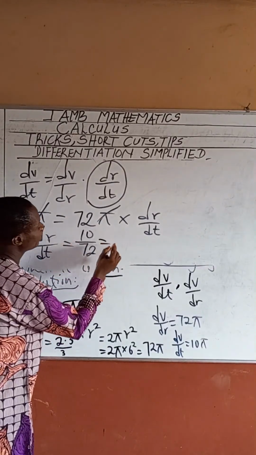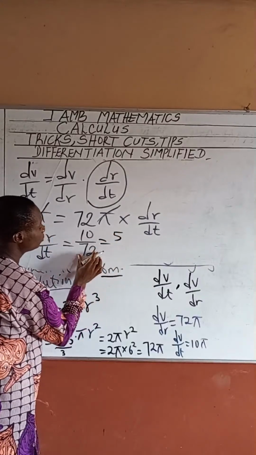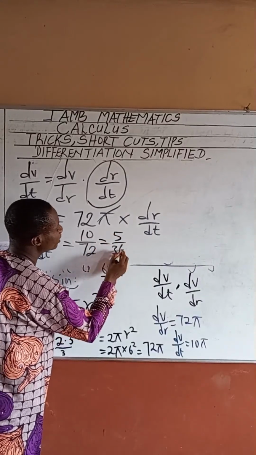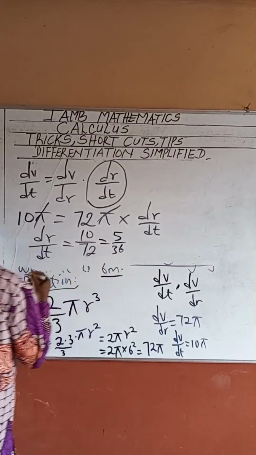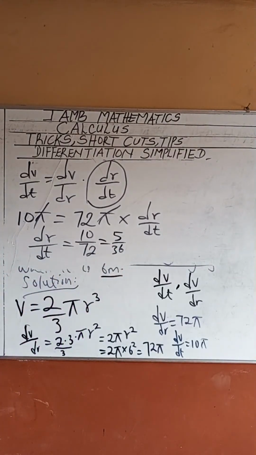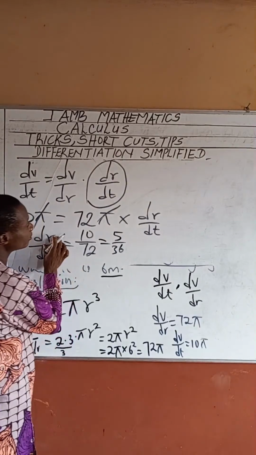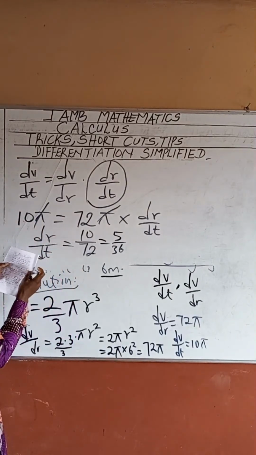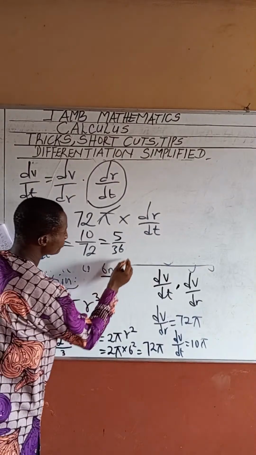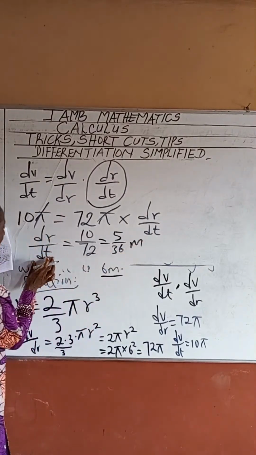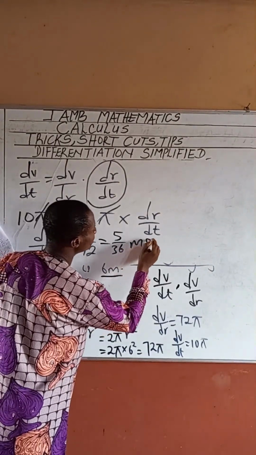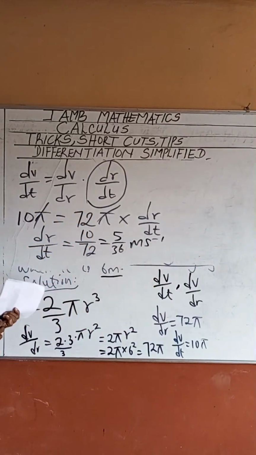So 2 here is 5 and 2 here is 36. So this is what we have, and it's in meters, I think, yeah, meters per second. This is what we have as the answer.